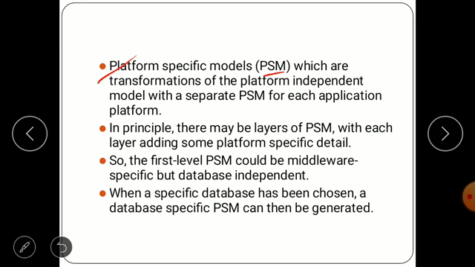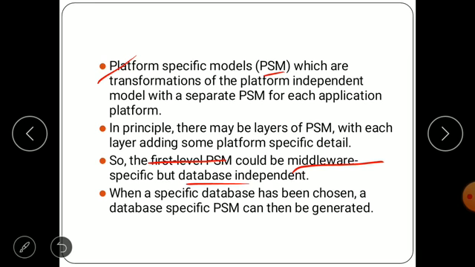So the first layer PSM could be middleware specific but database independent, which means it is not attached to a database.